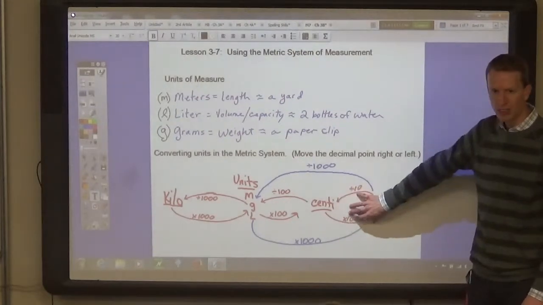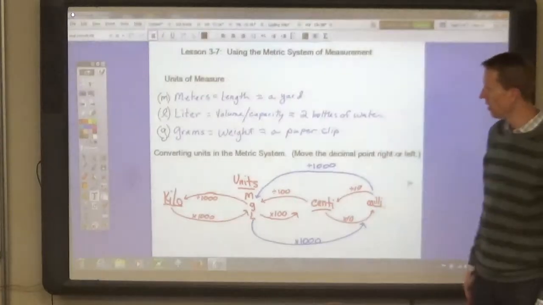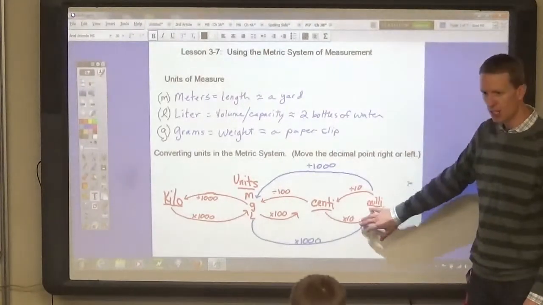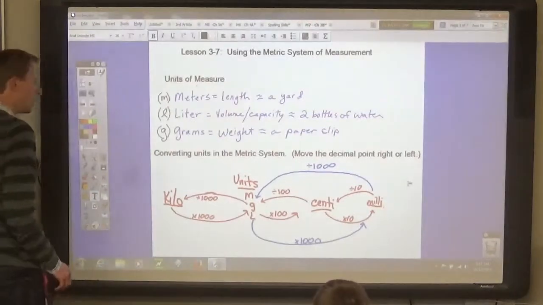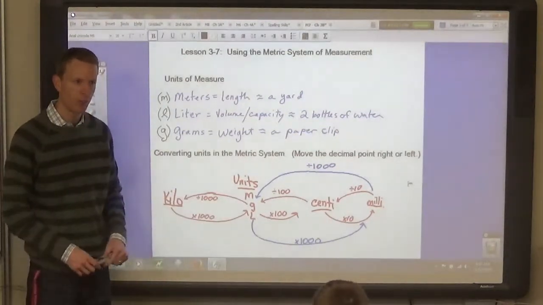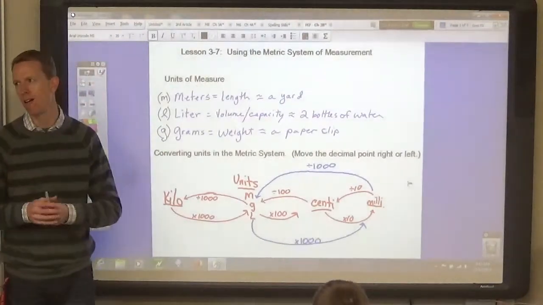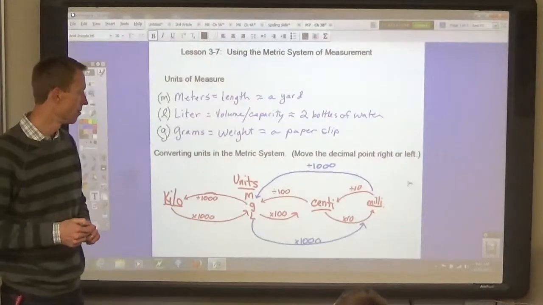So here's how you use this diagram to help you figure out how to convert in the metric system. Let's say that we are starting with meters. We have 4,825 meters.